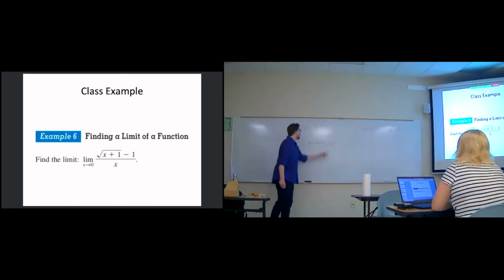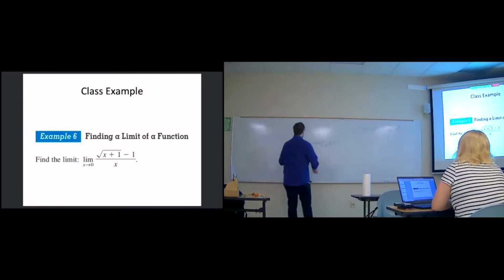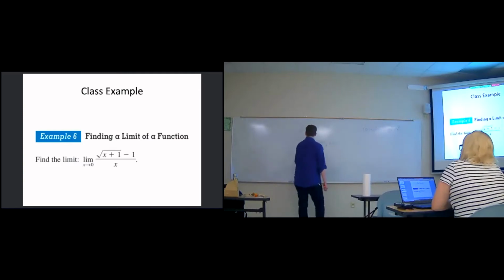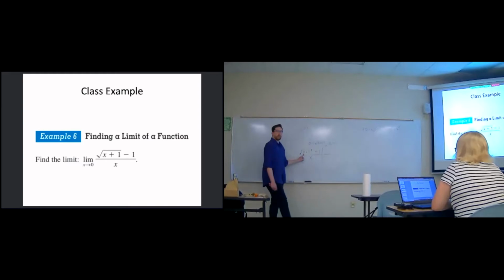So now, when we multiply by 1 over here, we're going to choose the conjugate form, right? We choose a plus b. We're going to multiply by 1 by saying this is the square root of x plus 1, that quantity minus 1, all divided by x, times the conjugate of this numerator.